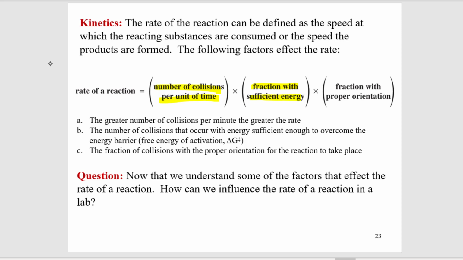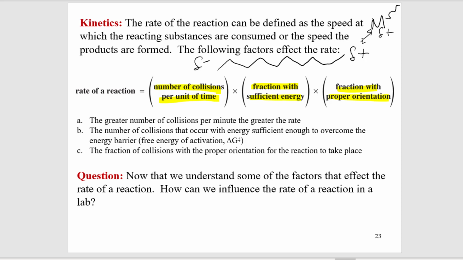And also you have to consider the orientation of the molecule, right? If you have a big molecule and one end of the molecule is partially positive and the other end is partially negative, and you have another molecule where one of its ends is partially positive, these two are not going to interact with each other because you have the positive ends going together.